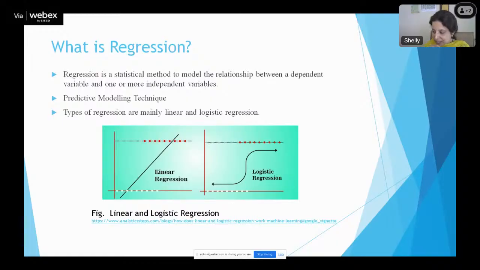The linear regression says that there are continuous points revolving around this particular line, and you try to find out the relationship between the dependent variable and the independent variable along this line. The important thing to note here is that the data points are continuous.